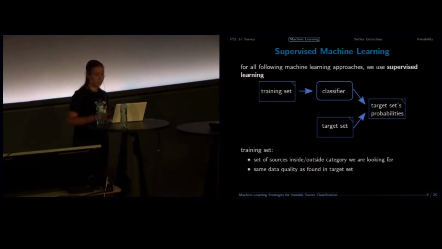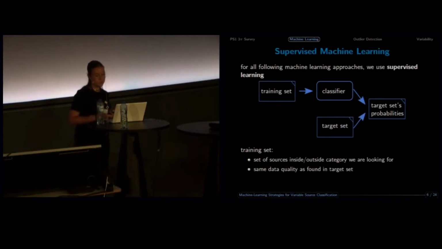So the supervised machine learning, with which we started, basically needs a training set. The training set is then given to a classifier. The classifier learns from the training set what the characteristics of specific categories we are looking for are, and then it's applied to a target set, and then each member of the target set gets a probability of how likely it is a member of a certain category.